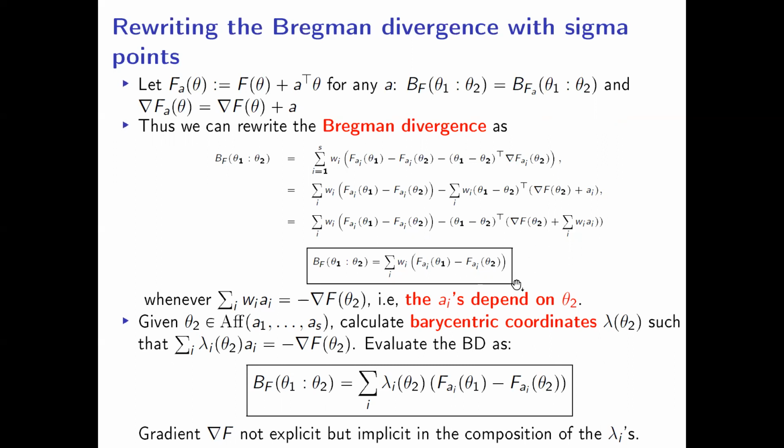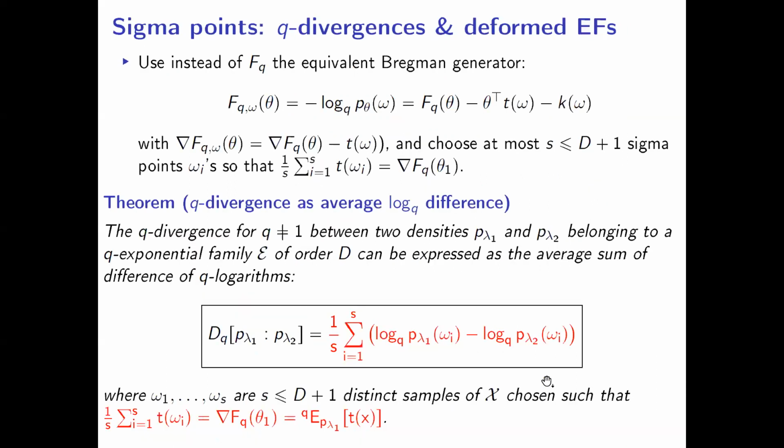So if F is very difficult to compute or very time-consuming, what the sigma points can do is pre-compute, and then during query time for θ2, take the barycentric coordinates and get this expression where you have those terms that have been pre-computed. So the technique for sigma points relies on Bregman divergences, and it can also be used for any statistical divergence which amounts to some Bregman divergence.